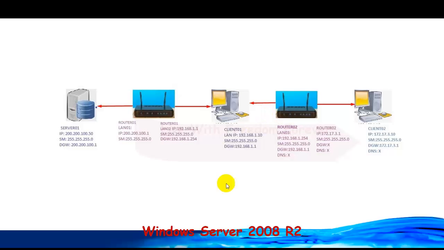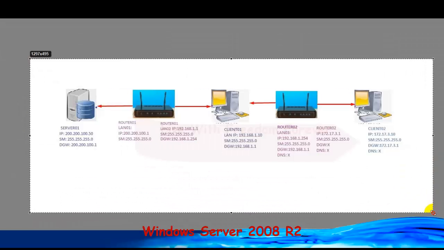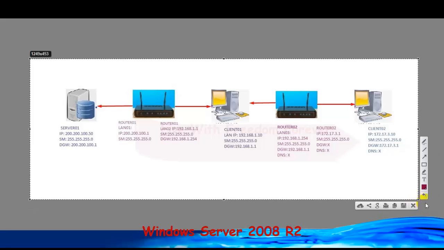So how will it work? Suppose this one wants to ping client 2. It will ask for the IP, 172.168.17.3.